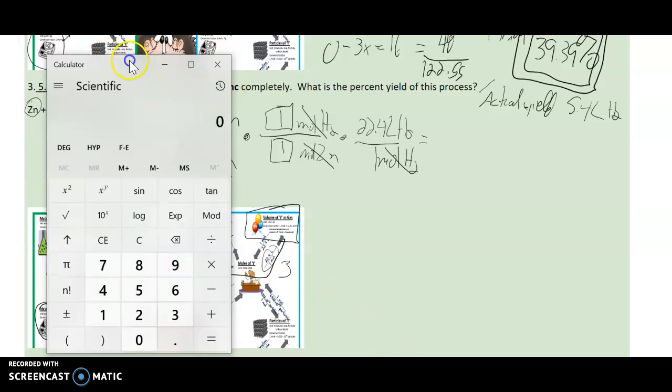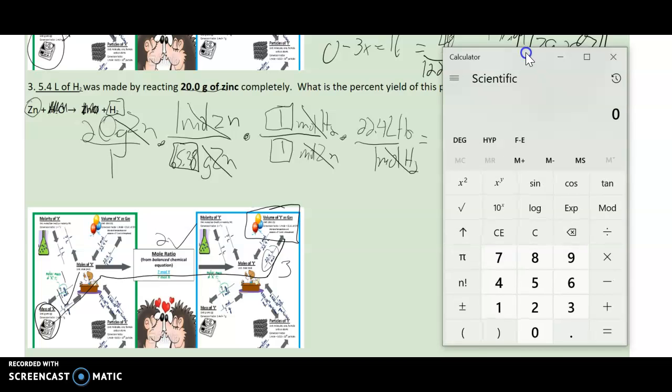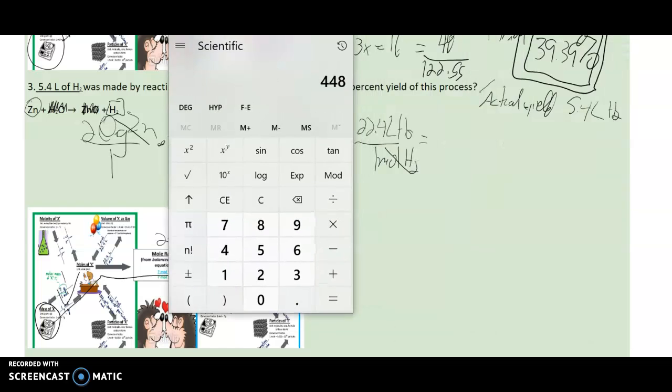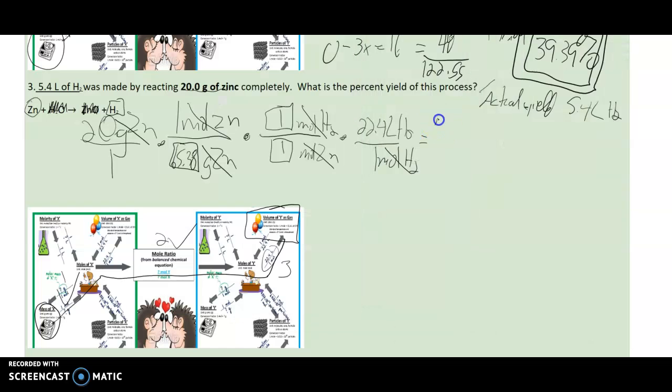All right, so 20 times 1 times 1 times 22.4. 20 times 22.4 equals 448. 448 on top. And on the bottom, 1 times 65.3.